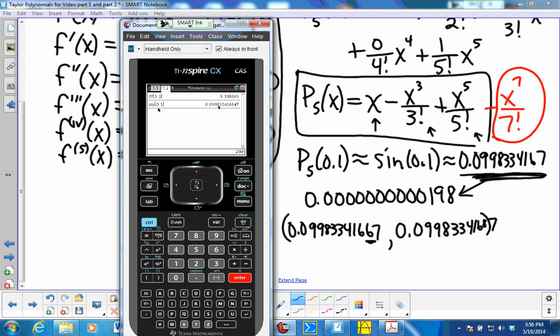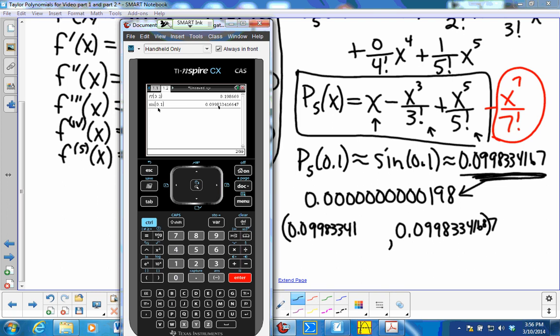It doesn't differ until right here. The calculator is giving me 0.0998334166. Oh no, I wrote this wrong.